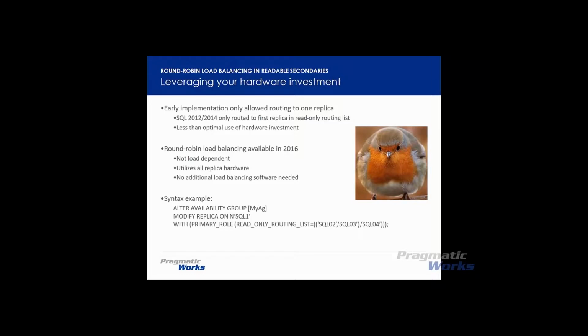Basically, you've got your primary. Once you set up your AlwaysOn AG, you establish replicas, and those can be in different modes, and that's kind of out of the scope of what we're talking about today. But one thing you could do is make those replicas readable, which allowed you to point read-only workloads at them.